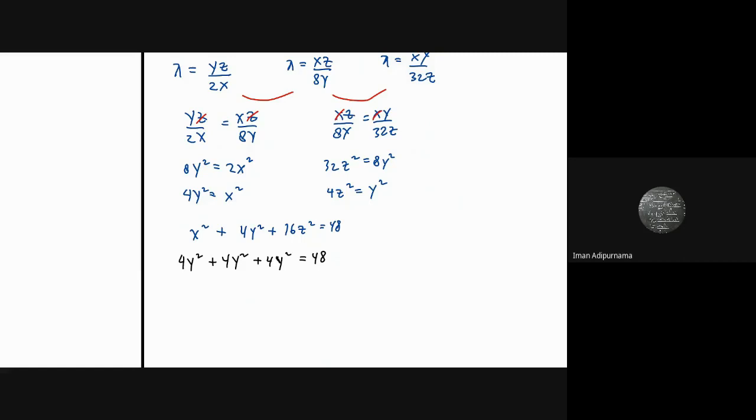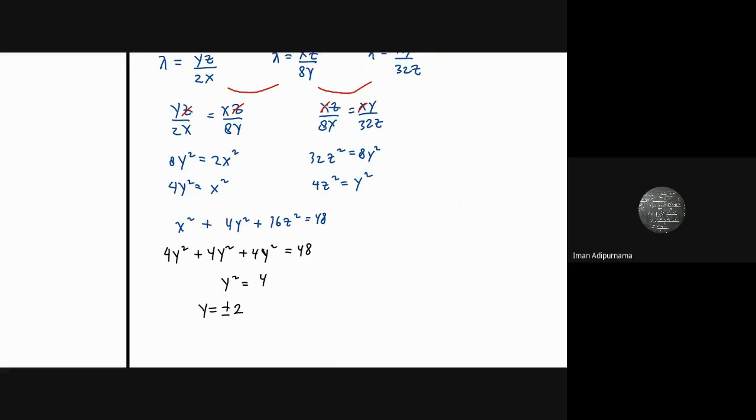So I will have y squared is 48 divided by 12, right? And I get plus or minus 2. So y is plus or minus 2. So when y squared is 4, then x squared is 16, so x is plus or minus 4. Z squared is 1, so z will be plus or minus 1.